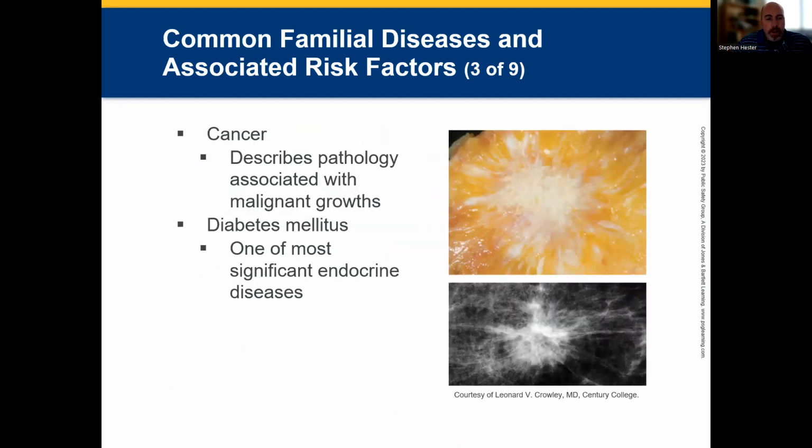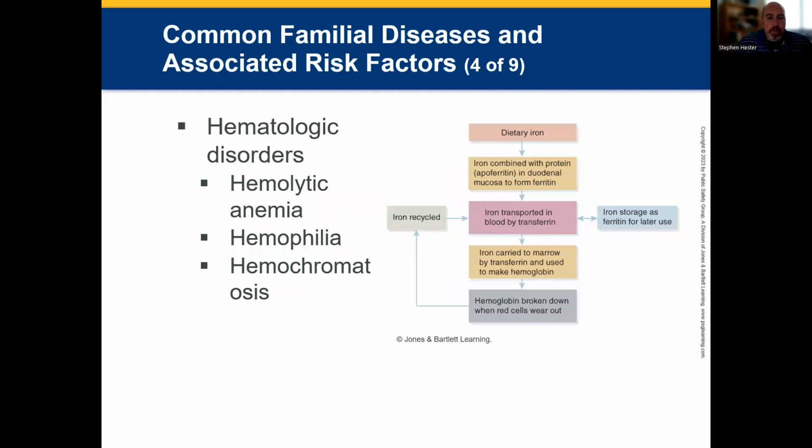Cancer is described as pathology associated with abnormal cell growth. Diabetes is one of the most significant endocrine diseases. So you may have type 1, ketoacidosis prone, or type 2, non-ketoacidosis prone. Here are some hematologic disorders: hemolytic anemia, hemophilia, and hemochromatosis.